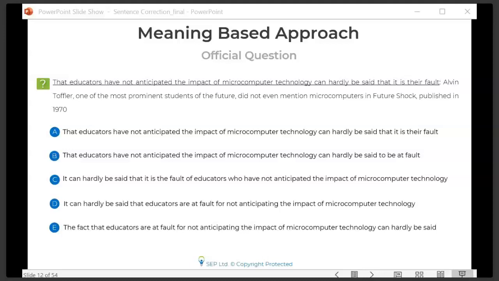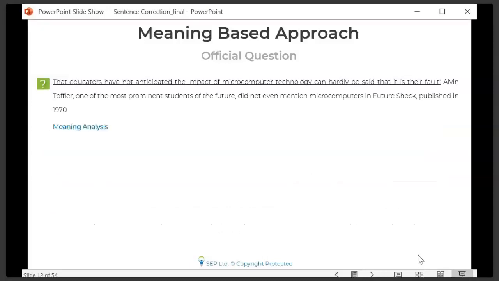So here goes. Now, when we look at the meaning-based approach, what are we supposed to do? We are going to read the sentence by breaking it into small pieces, all right? This sentence can be divided into two parts, and the first part starts with a that, okay? This is a good example of sentences that have a clause as a subject.